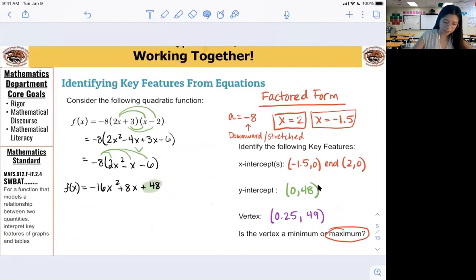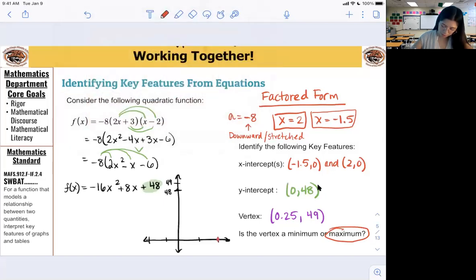So now I basically have everything I need to know. I know my y-intercept, I know my x-intercept, and I know my vertex. So the y-intercept was 48. I know the vertex is at 0.25 comma 49. And I know that the x-intercepts are 2 and negative 1.5.